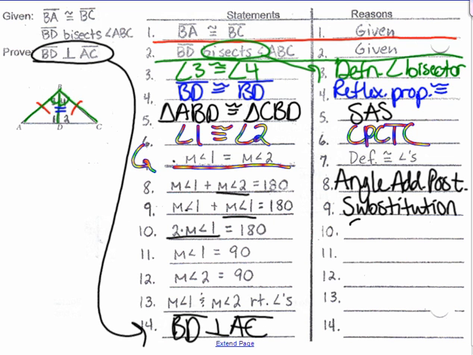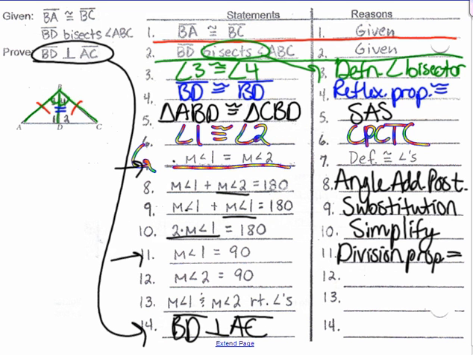So if they add on one side of the equal sign, that's simplified. From 10 to 11, the 2 is no longer there. What they did is they divided. Division property of equality.